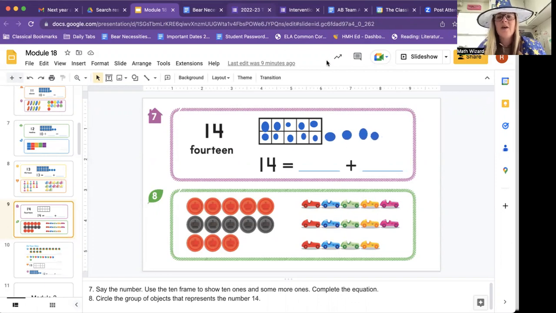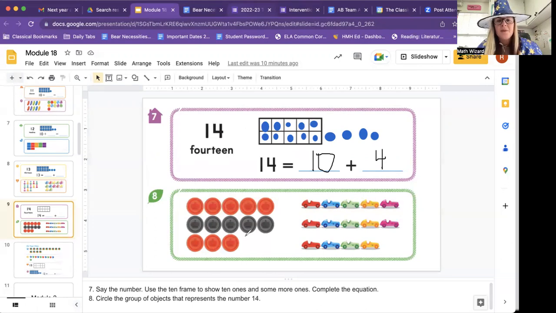All right, good. Okay, well, now, my friend, look at that. The equal sign is on this side. Again, does it matter? Nope, we just learned it doesn't matter. Let's see, 14 equals, here we go, we have our 10 frame, 10 and how many ones? 1, 2, 3, 4. 10 and 4 is 14. 10 plus 4 equals 14. 14 equals 10 plus 4.